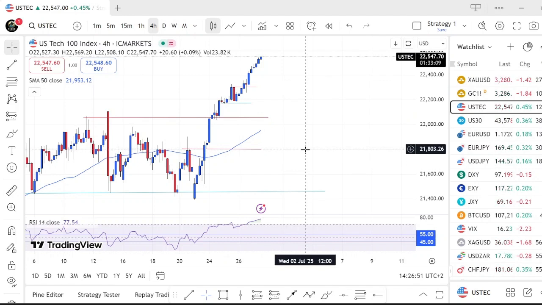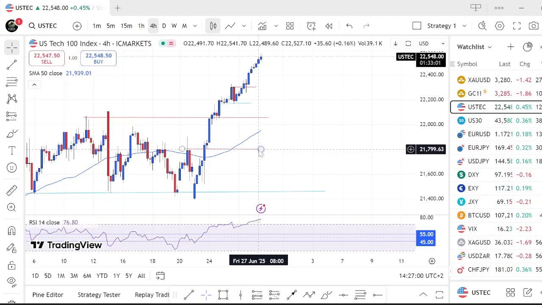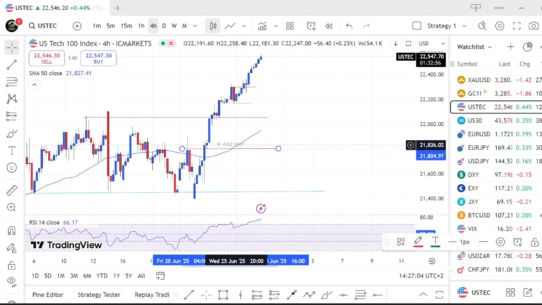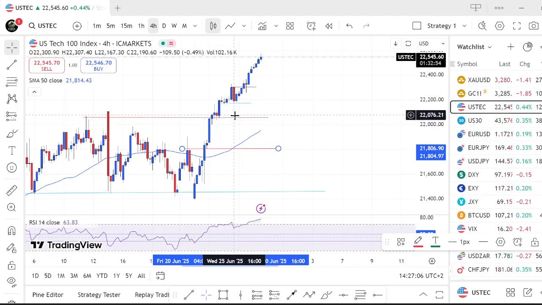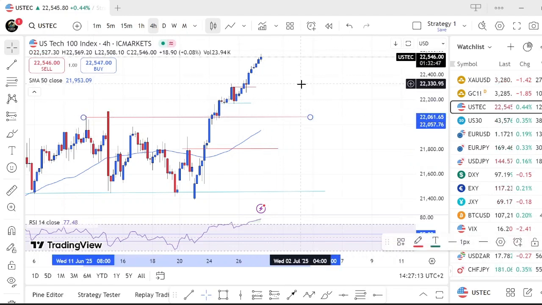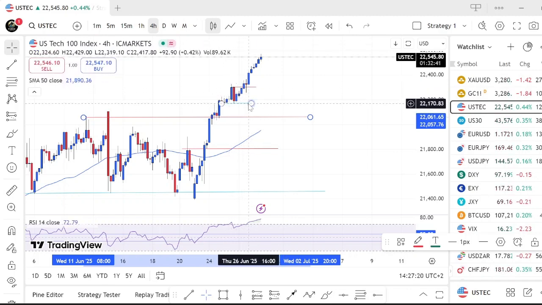I'm also marking down the 21,800 marker, as this was the last strong break and retest zone which is yet to be tested. That being said, this is below the 50 SMA line, so I'll be looking more towards the 22,000 mark for a potential pivot point after the retracement has completed. This is a key zone to take a look at, between 22,200 and 22,300.